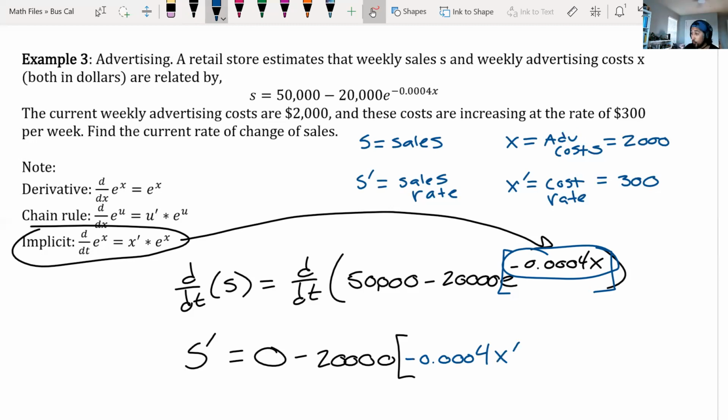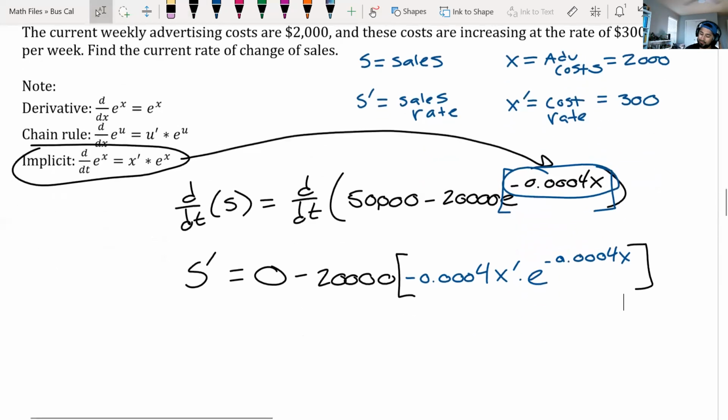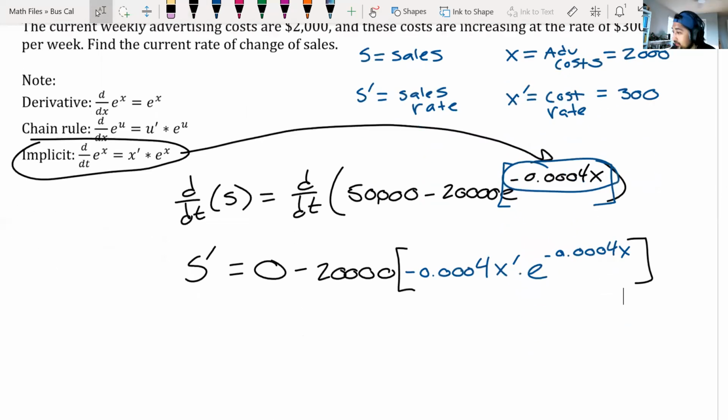And then we multiply by the original e function, e to the negative 0.004x. And there's the implicit chain rule derivative of that e function. It's just crazy, I know. All right. Any questions on that before continuing? Just following that formula.